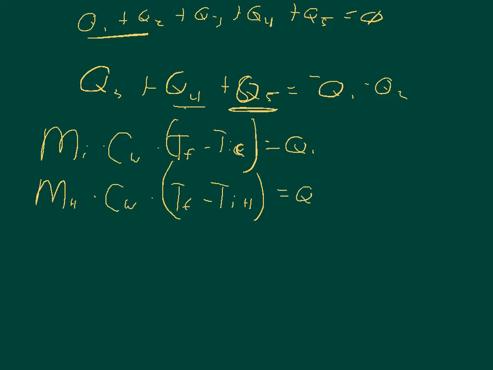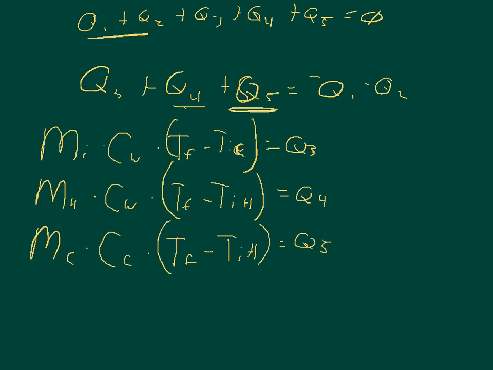So this was Q3, this is Q4. So the Q5 is the mass of copper times the specific heat of copper times the final temperature of the system minus the initial temperature of the hot water. Since the hot water and the copper were the same temperature, these two terms are the same. So it is equal to Q5.